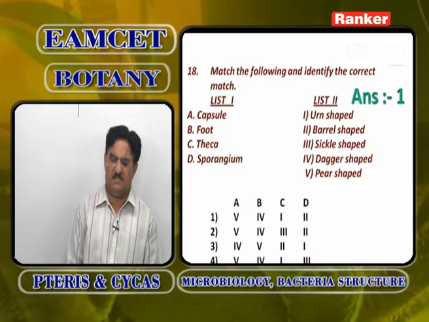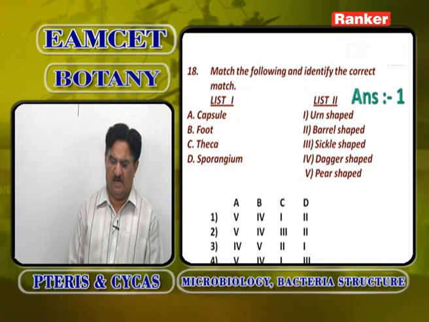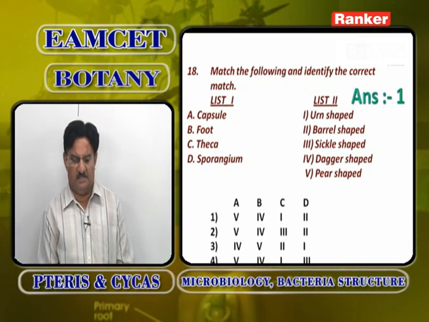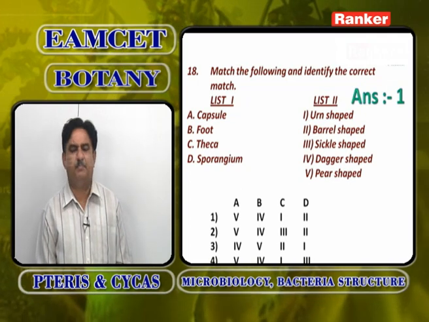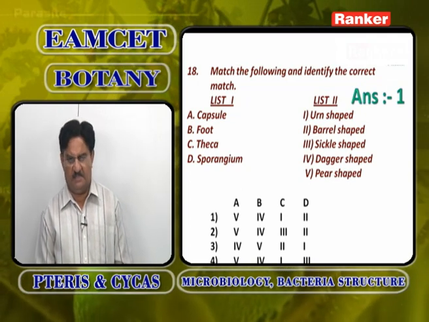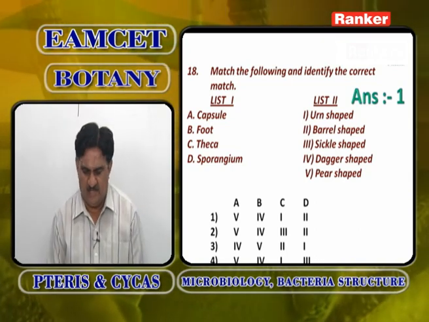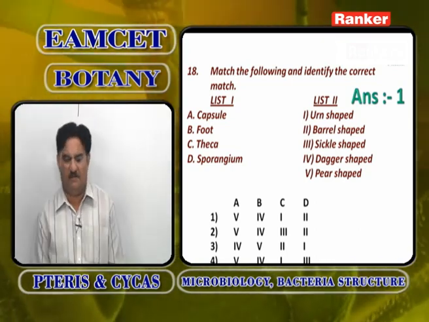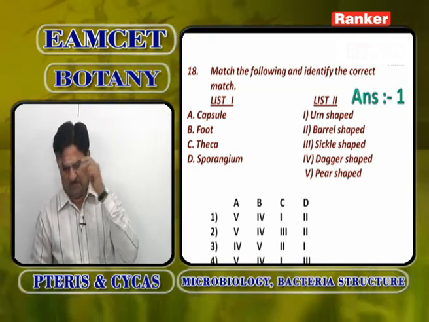Then theca is urn shape, and sporangium is barrel shape. So capsule is pear shape, foot is dagger shape, theca is urn shape and sporangium is barrel shape. So the answer is A5, B4, C1, D2. First option.